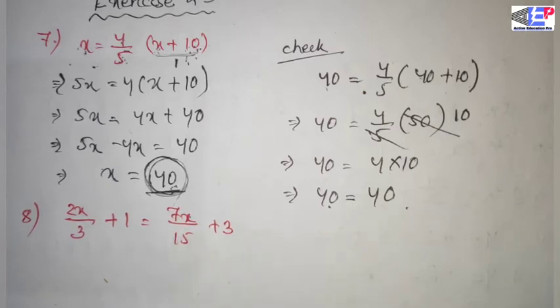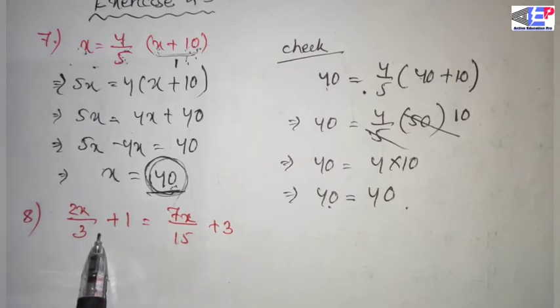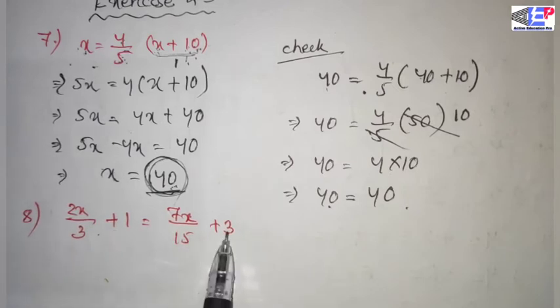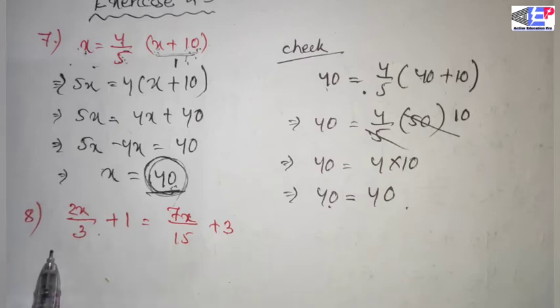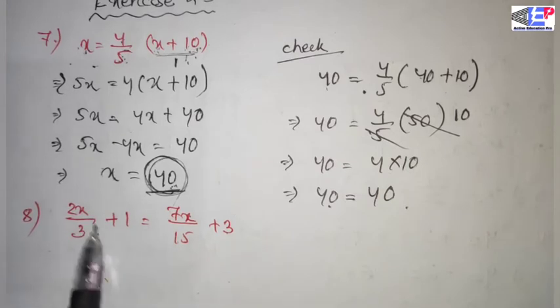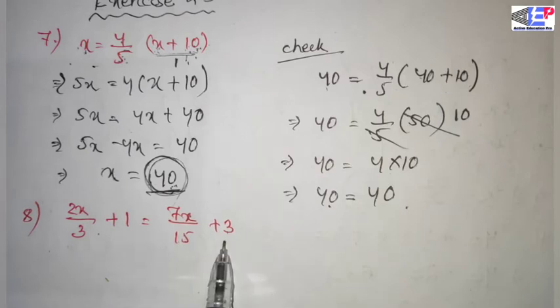No problem. You can collect all the variables to our left side and the constants to our right side. Otherwise, first take the LCM of the left side and then take the LCM of the right side, and then solve by the transposition method.